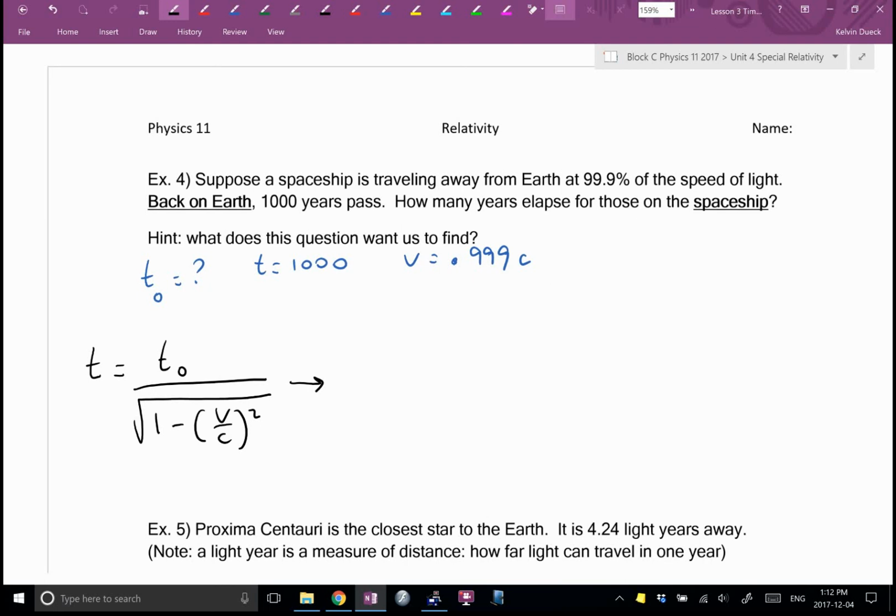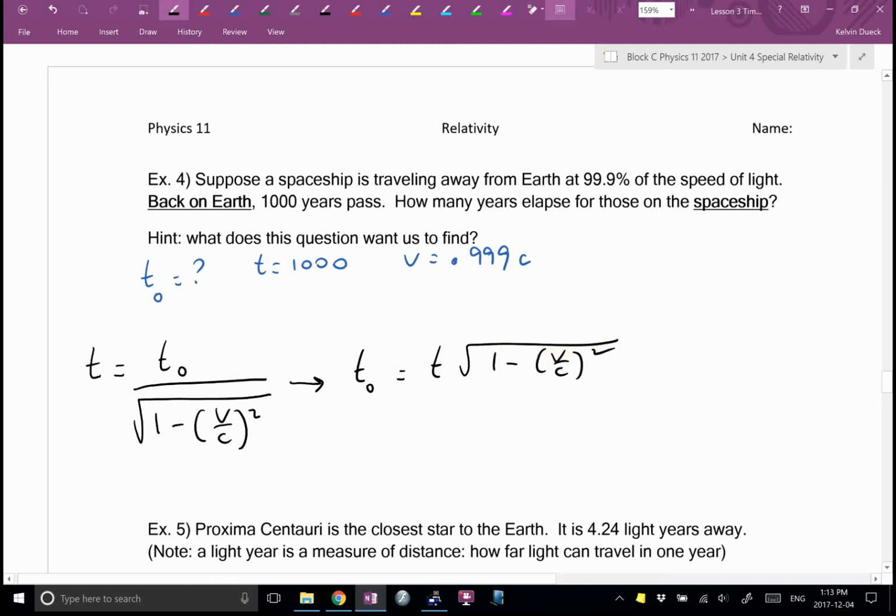Oh, this is why I taught you all that formula manipulation. Listen to Dylan deriving a new equation without memorizing. If we're dividing by a square root, what's the opposite of dividing by a square root? Timesing by the square root. So you're telling me yet another equation. T0 is T times the square root of 1 minus V over C all squared.